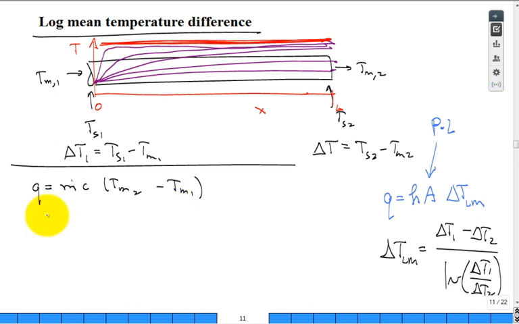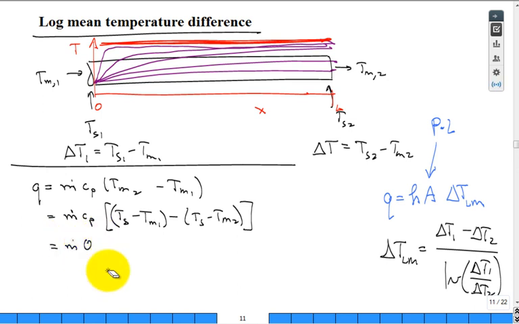You can then take this and put the m dot C sub p, or leave off the p on it, and you'll have Ts minus Tm1 minus Ts minus Tm2. What did you just do there? You added and subtracted Ts and just rearranged it such that this is the mass flow rate, specific heat, constant pressure times our theta at 1 minus our theta at 2, our temperature differences. This is another way of writing theta 1, theta 2.